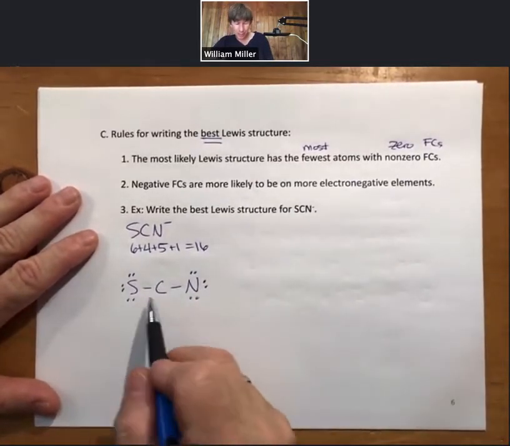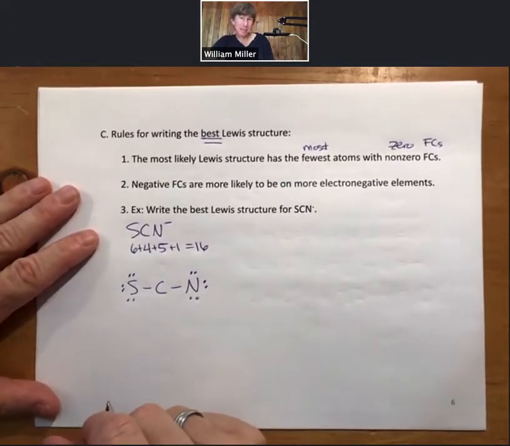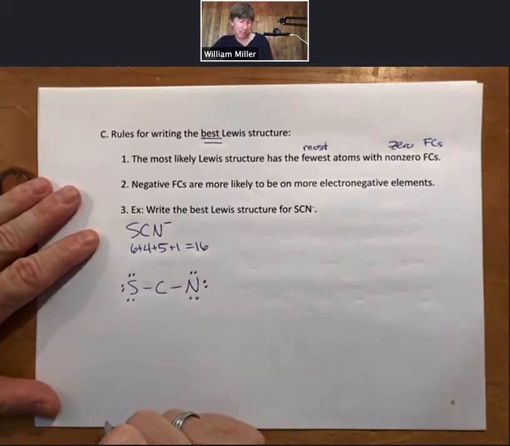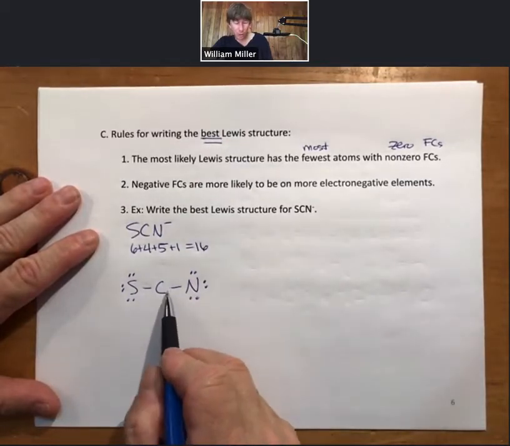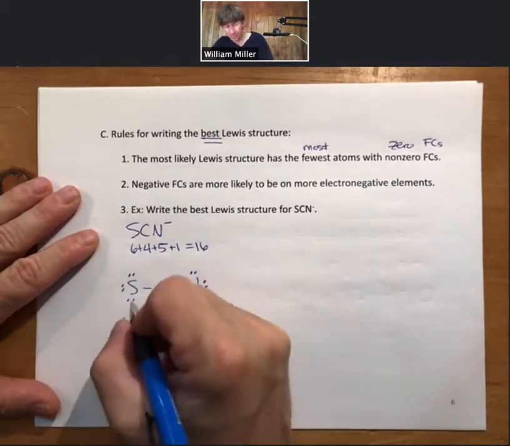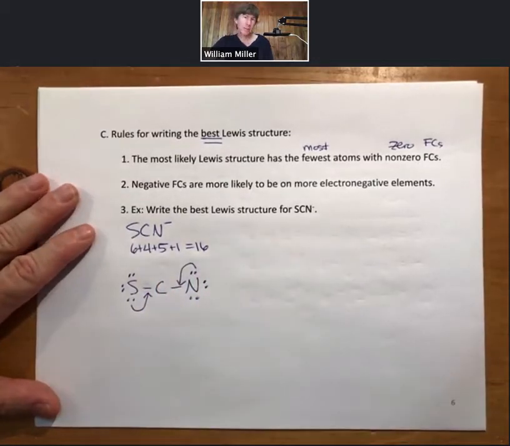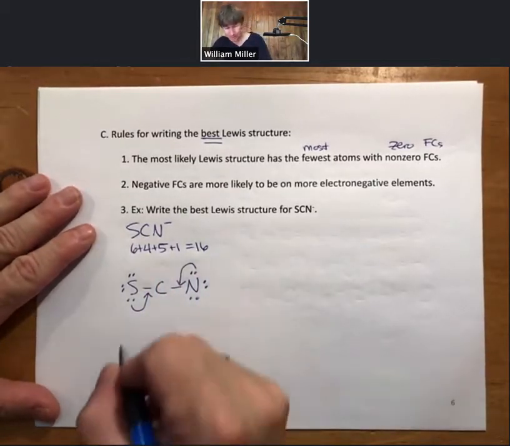And we have 8 plus 8. We have 16 valence electrons, and carbon in the center only has 4. So this time, one approach is going to be to do 2 double bonds.